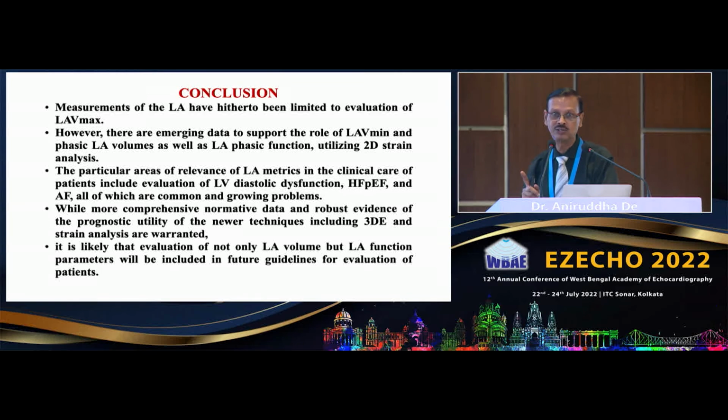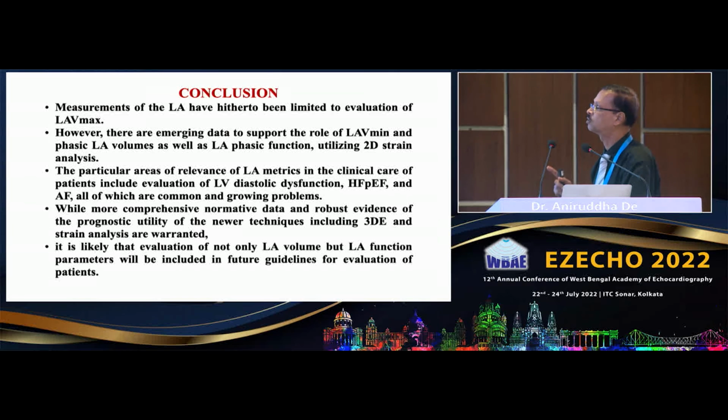So my conclusion, this is the last slide: measurement of the LA was thought to be limited to the evaluation of the LA maximum volume. However, there are emerging data to support the role of LA minimum and phasic LA volumes as well as the LA phasic function utilizing 2D strain analysis.